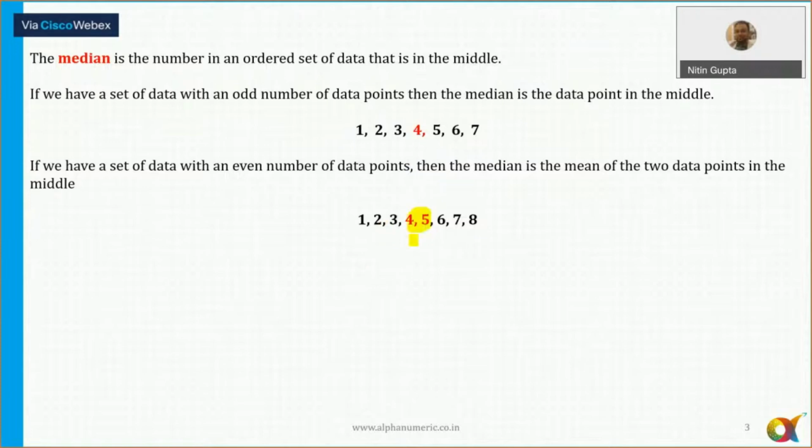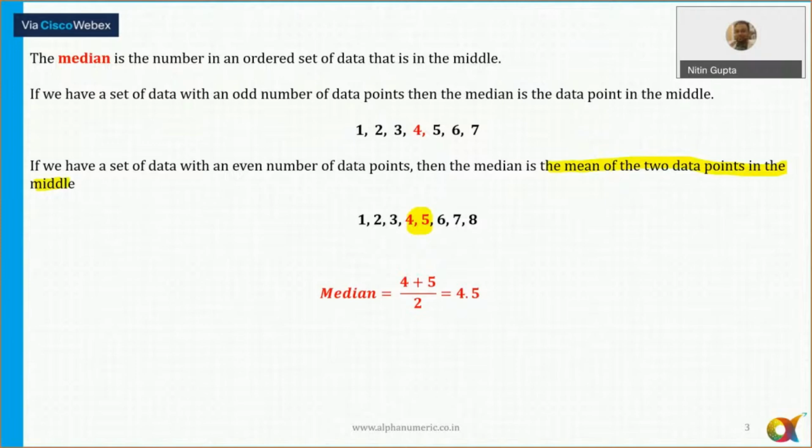So in that case, the median will be 4 as well as 5. Basically, in that case, median is the mean of the 2 data points in the middle, which are 4 and 5. So the median will be the average of 4 and 5, which is 4.5. So this is how we can find the median if the number of terms is even or odd.